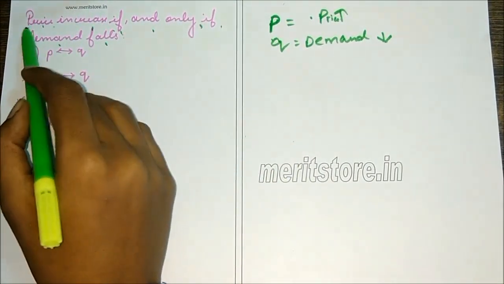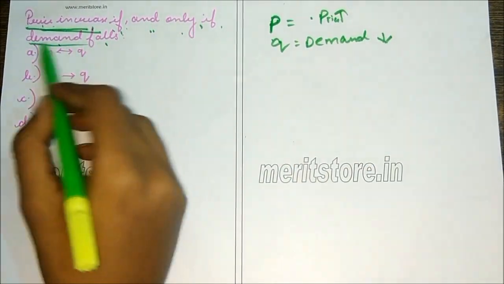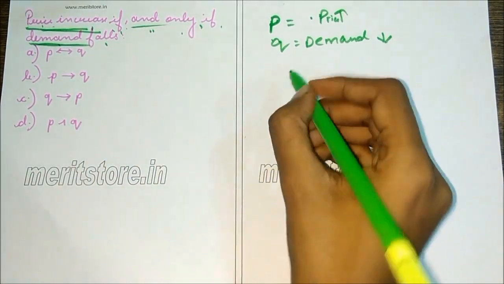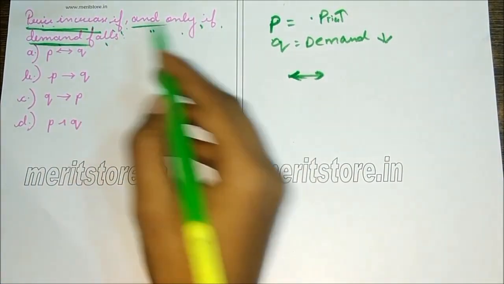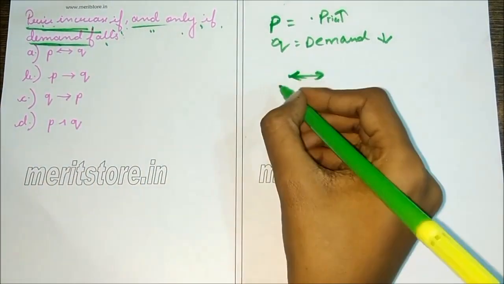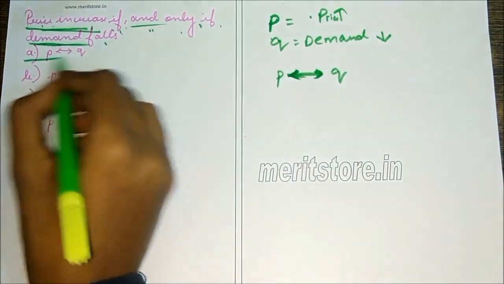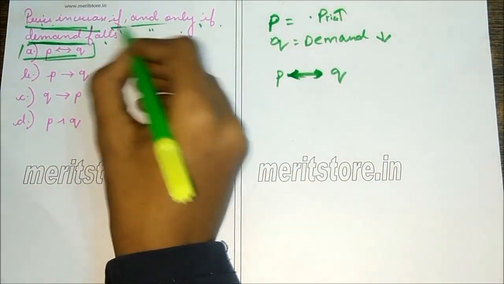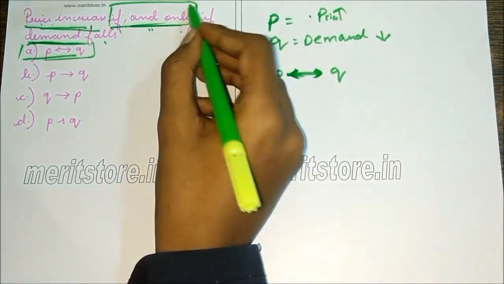It says increase in price is the necessary and sufficient condition for falling of demand. So this is a biconditional statement which is denoted by a double arrow. So this statement can be represented as P biconditional Q. So the answer is A, P biconditional Q, since this indicates a biconditional statement, that is, necessary and sufficient condition.